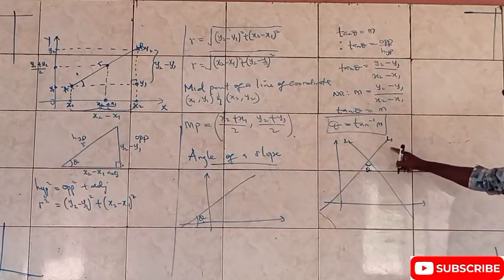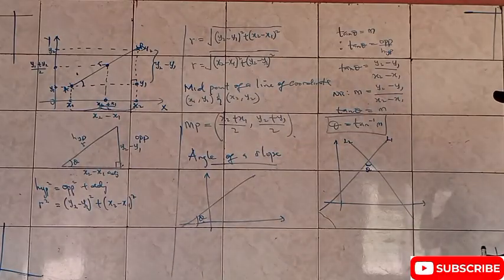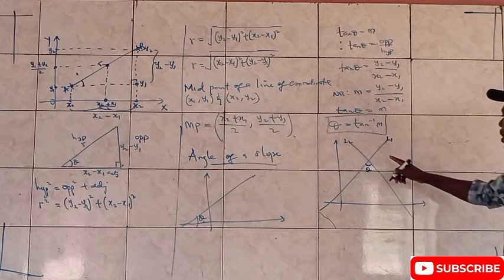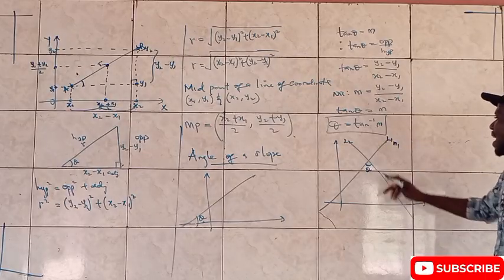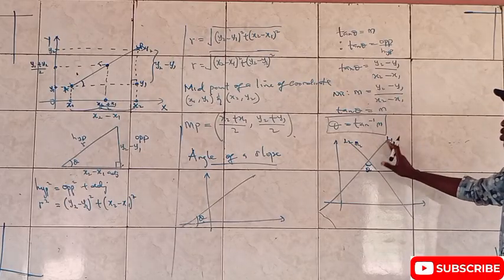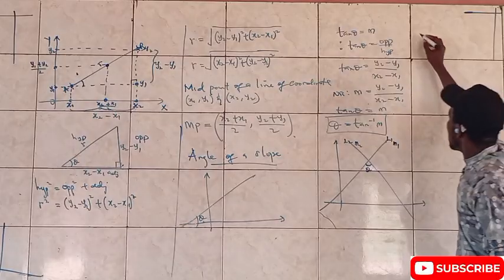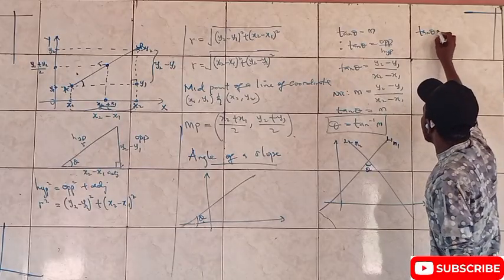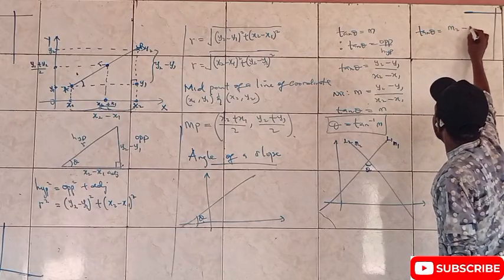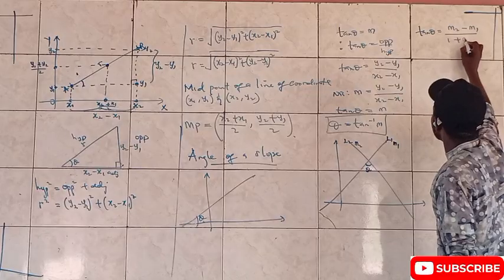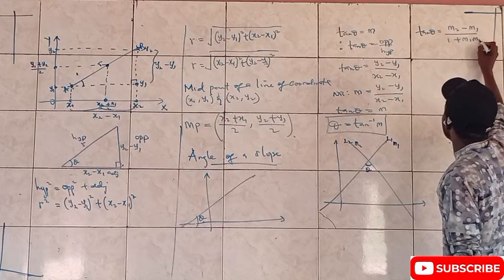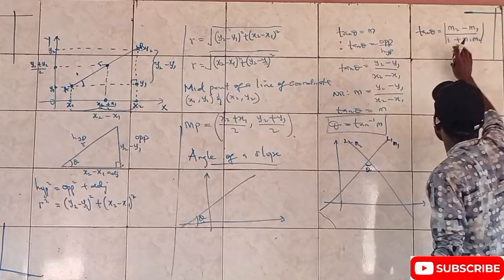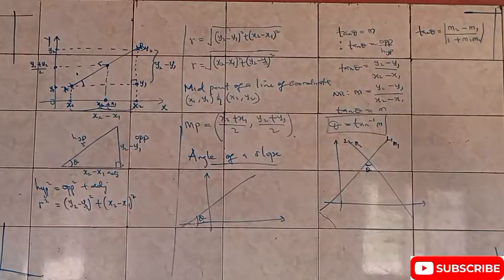This is our line L1, we have a slope of m1, and our line L2, we have a slope of m2. So by the intersection, tan theta is equal to the modulus of m2 minus m1 over 1 plus m1 times m2, which will give us our tan theta.